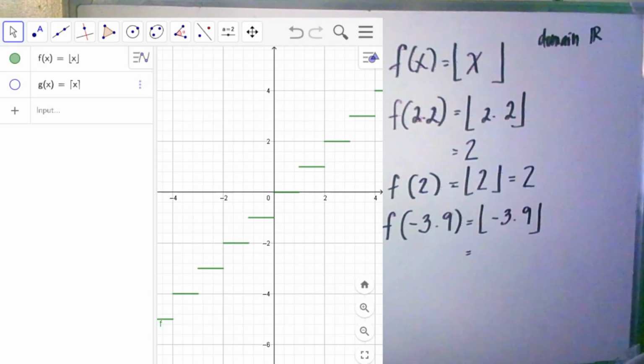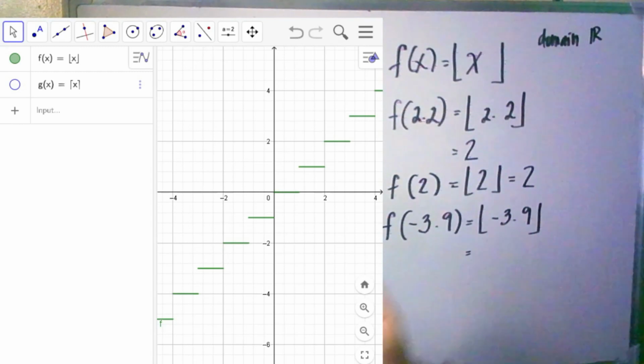Everyone, will you please participate? You can use our chat box. Gamitin natin yung chat box. -4 po. Negative 4 kaya or negative 3? -3, sir. Negative? -4.